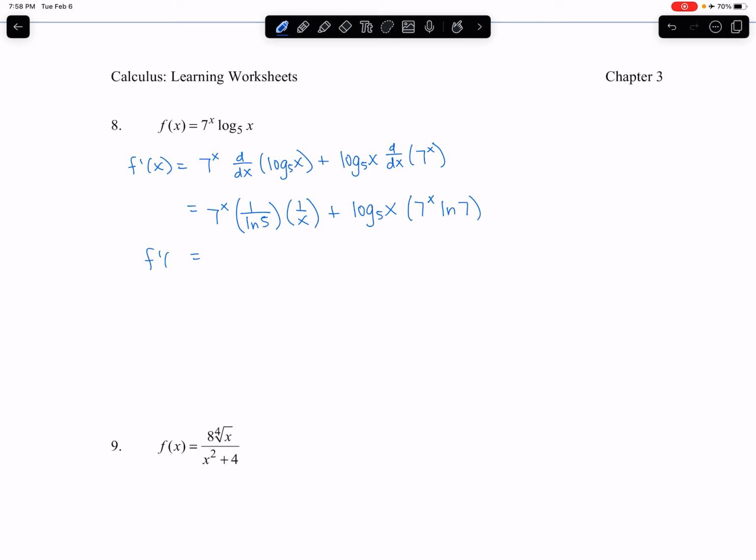So our derivative, if we clean this up, should give us 7 to the x over x natural log 5 plus 7 to the x natural log 7 log base 5 of x. And if you feel more comfortable, you can put all these in their own parentheses so you know these are a product where one ends and the other begins. That's fine.